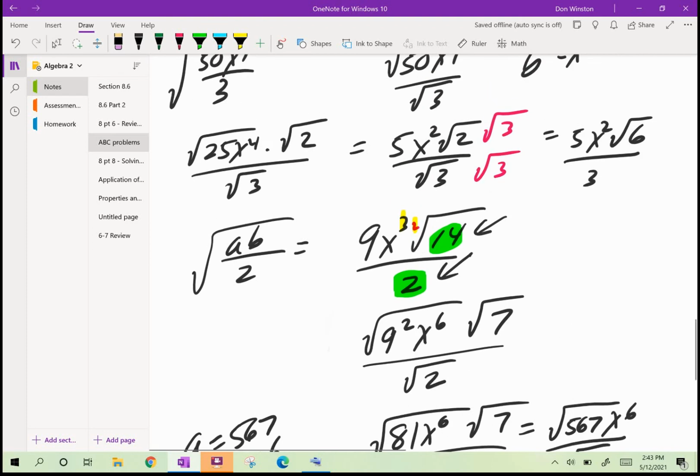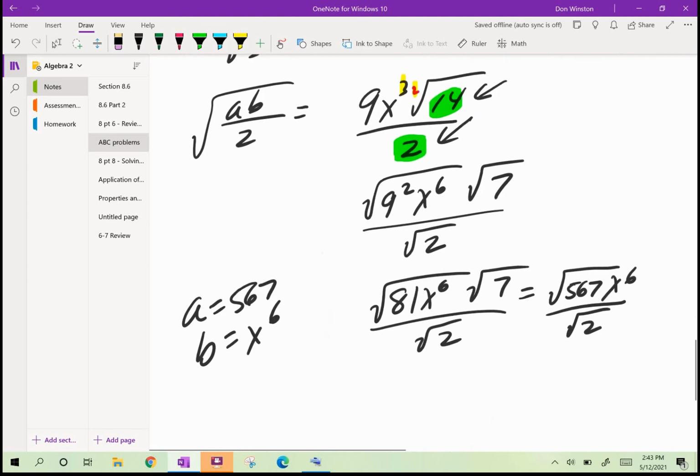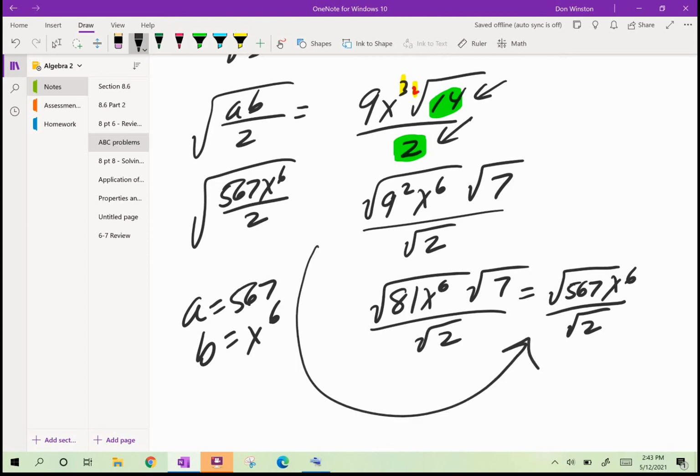And that's what we started with. So the square root of 567 x to the 6 over 2. A would have been 567 and B would have been x to the 6. So we call those ABC problems. All right, so give it a shot and try to answer some of those.